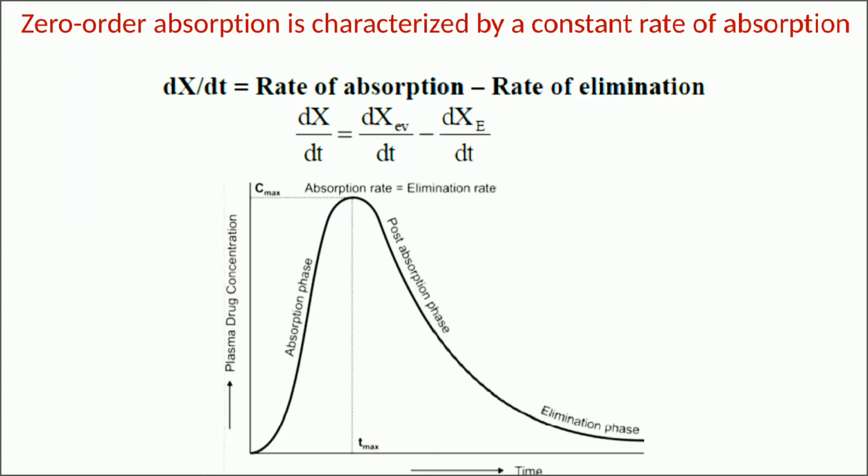And once the rate of absorption starts decreasing, the rate of elimination starts increasing. So in the later half, you can see that concentration is declining. Cmax is the maximum concentration and Tmax is the time taken to reach the maximum concentration. This graph is plasma drug concentration versus time, and at Cmax the absorption rate becomes equal to the elimination rate.